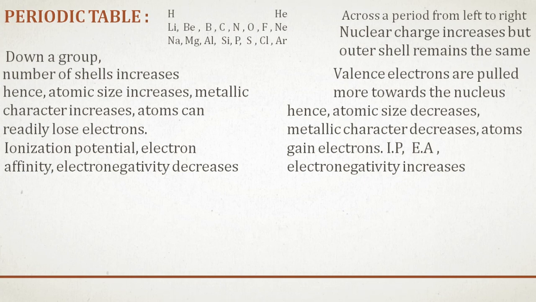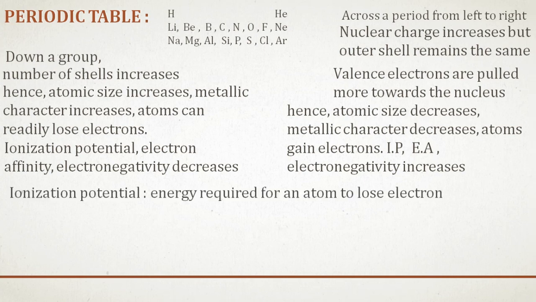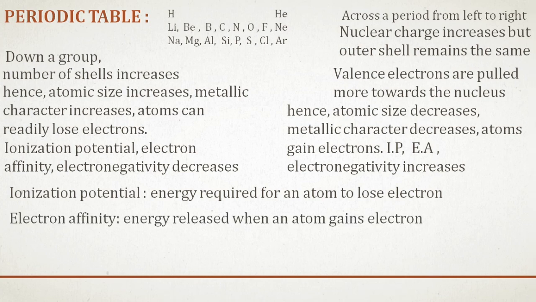And see IPEA, that is ionization potential, electron affinity, electronegativity decreases. What is ionization potential? Ionization potential and electron affinity both are amounts of energy. That part is the same. Now it is just the opposite: energy required versus energy released for electron affinity.